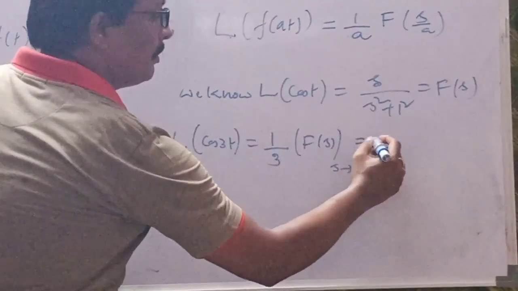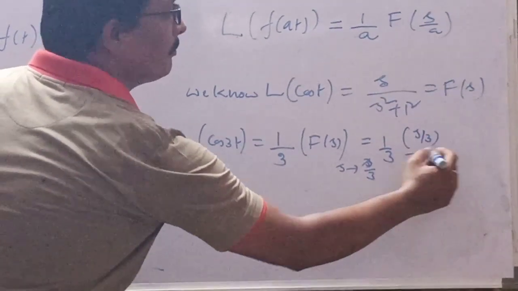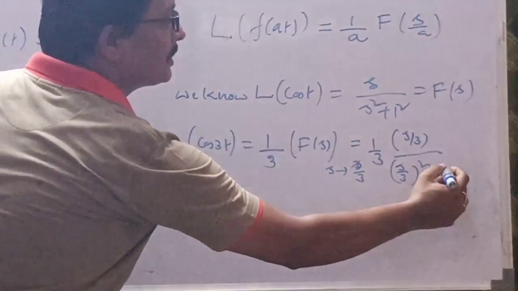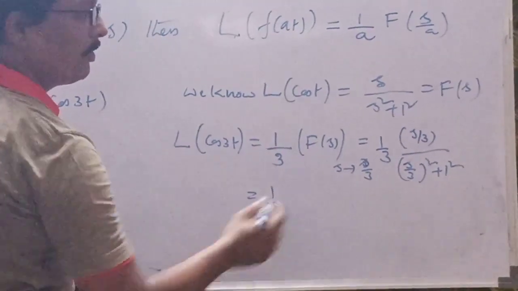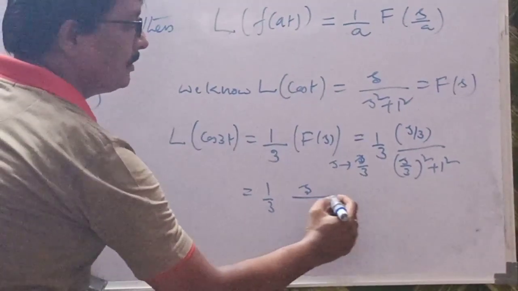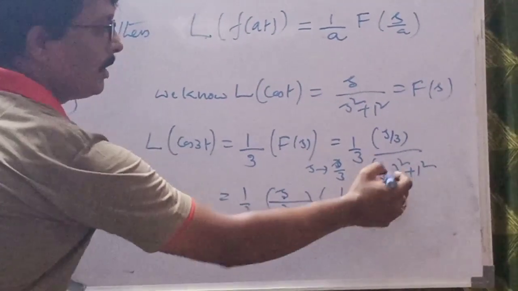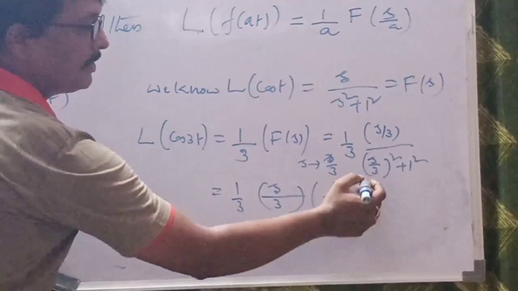So 1 by 3 into s by 3, over s by 3 whole square plus 1 square. Simplify: 1 by 3 into s by 3, and in the denominator it is s square plus 3 square, since the LCM is 3 square.